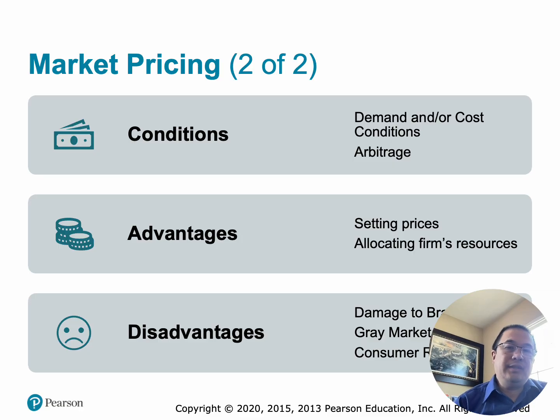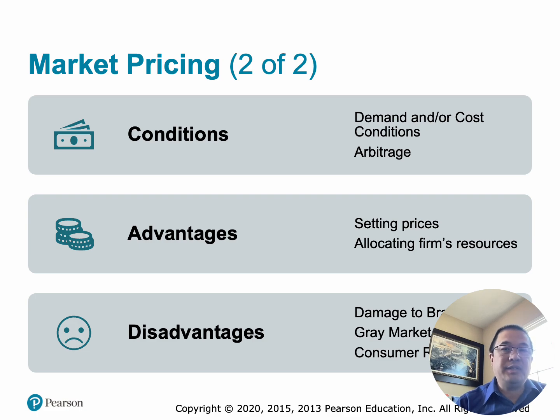Number 2, advantages of market pricing. A is better price setting. So companies can set prices that reflect local market conditions. Netflix charges different subscription fees in the United States, India, and Brazil based on local income and competition. This helps maximize sales and profits.